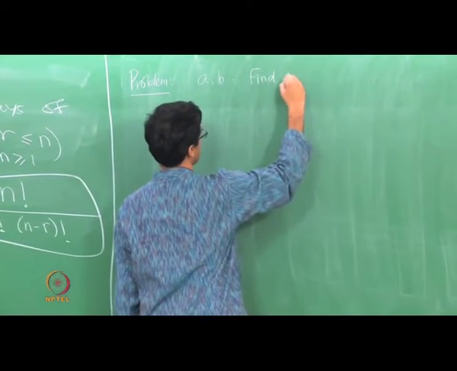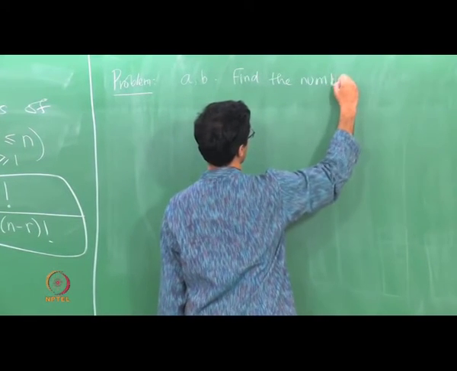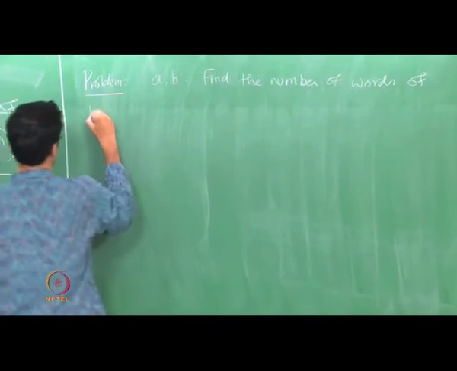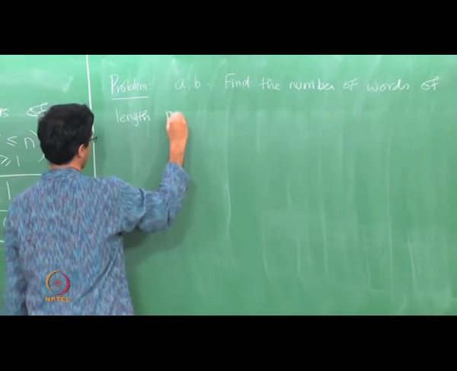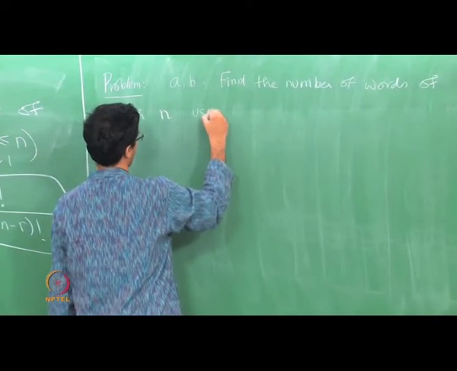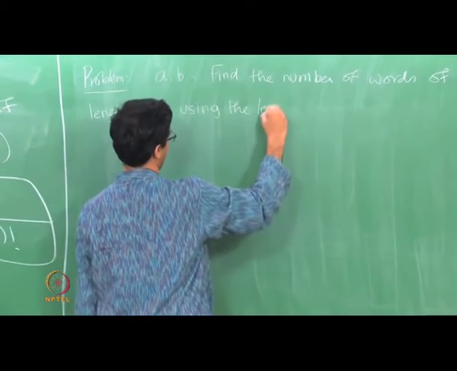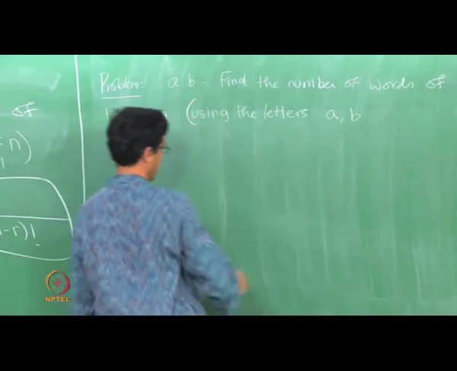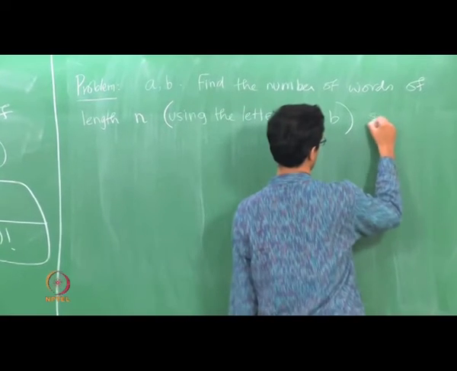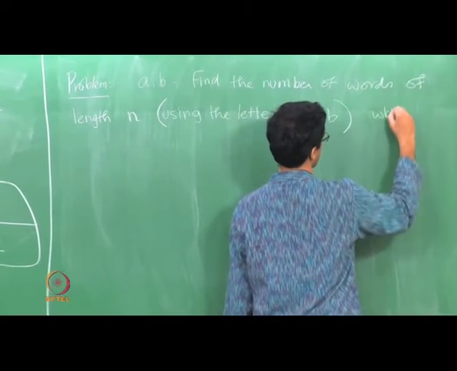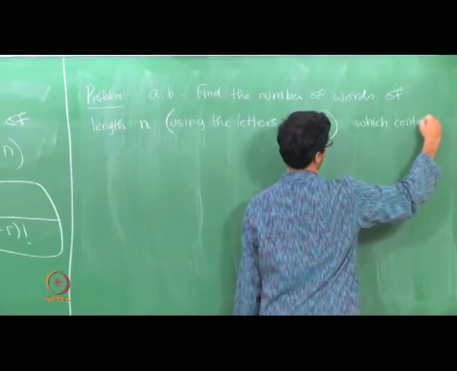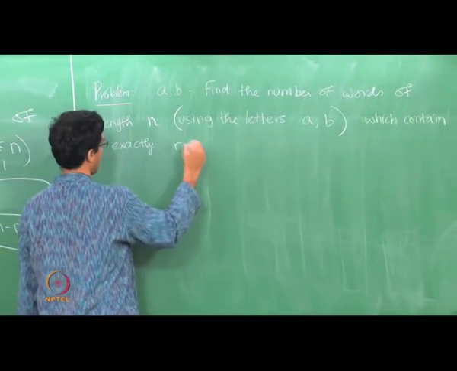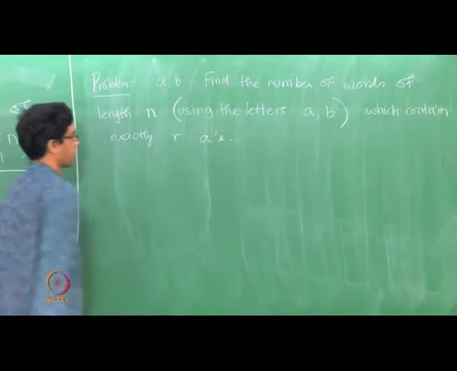So find the number of words of length n which only use the letters A and B, and we are given some further conditions, such that they contain exactly R A's, R occurrences of A.